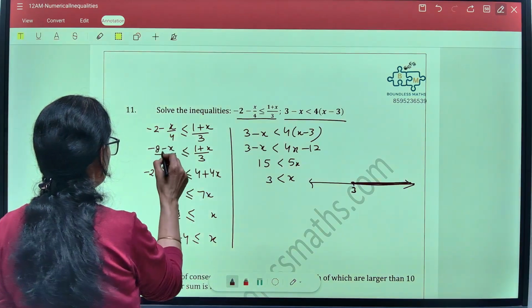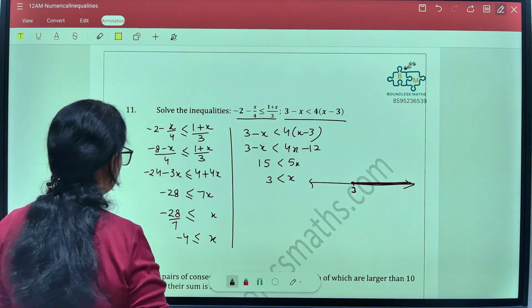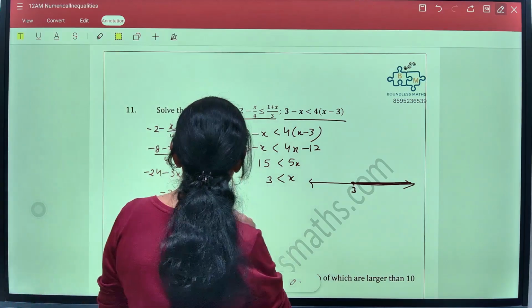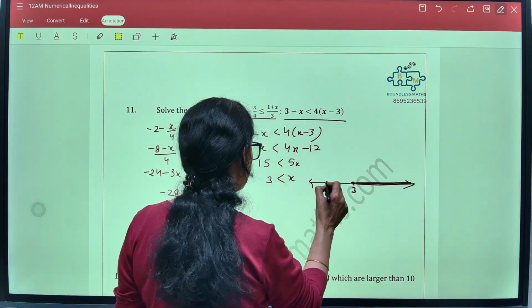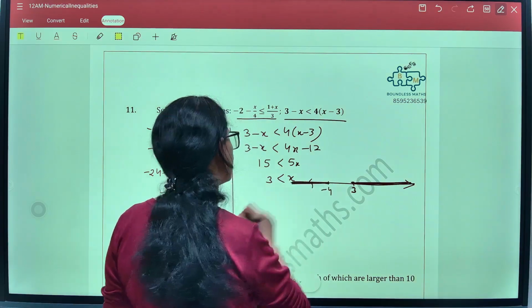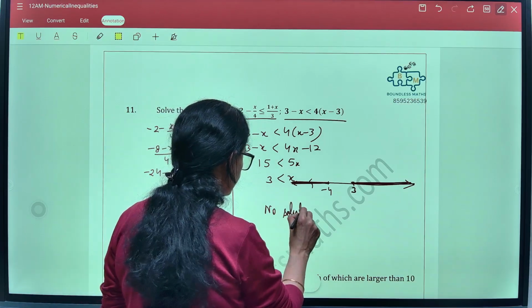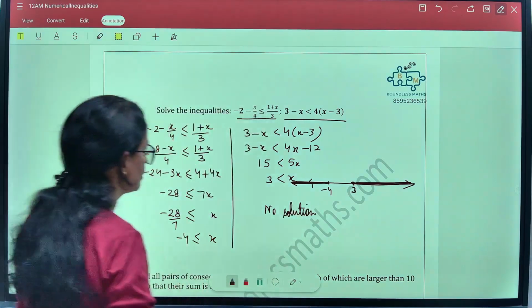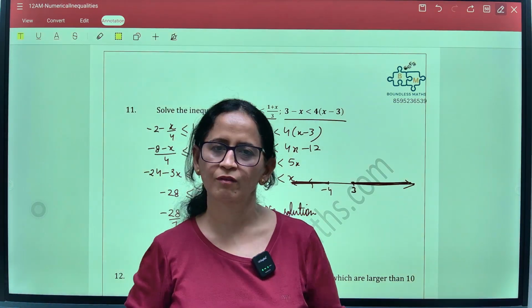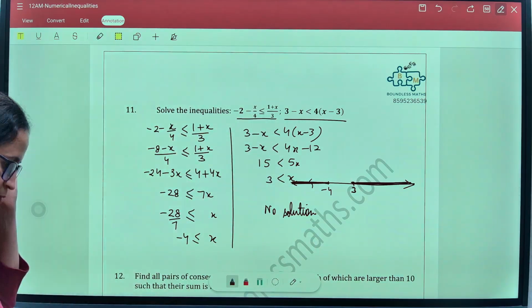It is 4 to the 8 minus 8 and minus x minus 24, and this minus 3x, 4 plus 4x, anyway 7. 7 4 is 20. So it is minus 4 and left side. So minus 4 will be somewhere here and then towards left. So that means there is no solution for this inequality. So an inequality may have infinite solutions, it may have no solution. So it all depends what kind of conditions are given to you.